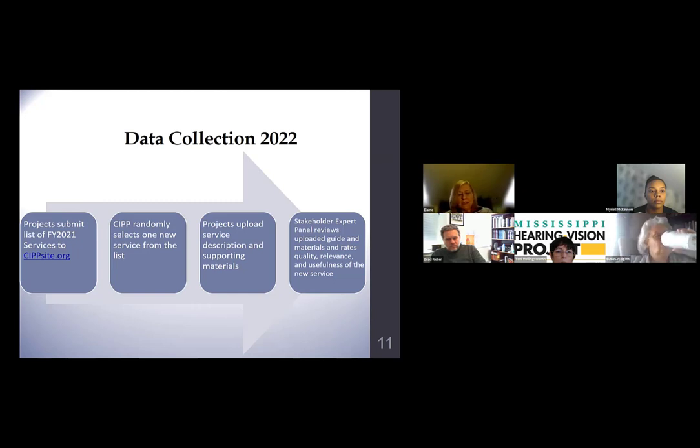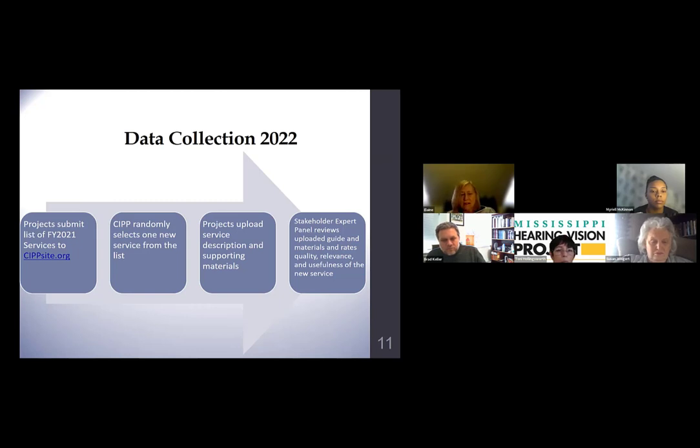We then will randomly select one item from the list, and that is the new service that will be reviewed by the panel. When developing your list of new services, please remember you don't have to include 10 new services. 10 is just the maximum.